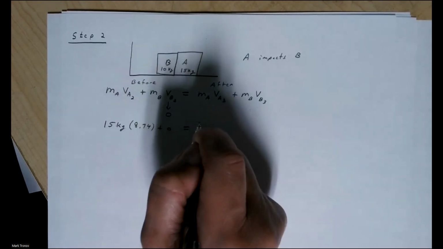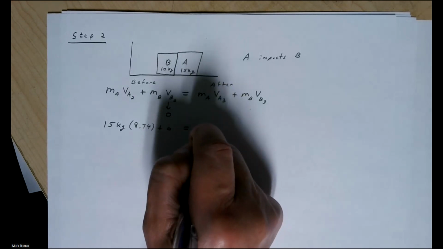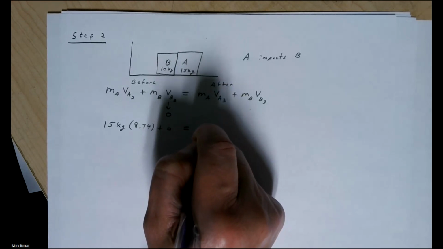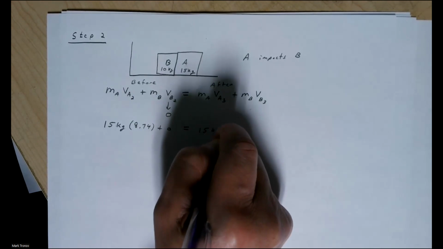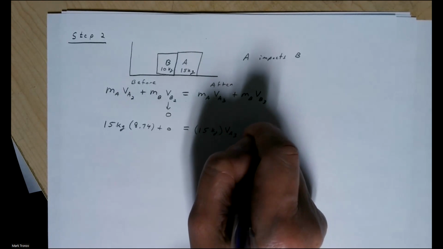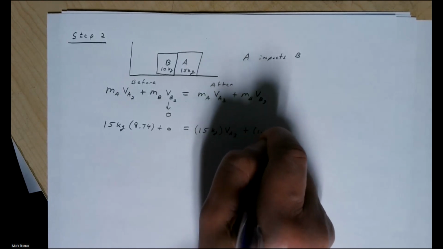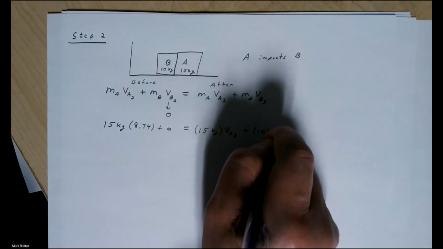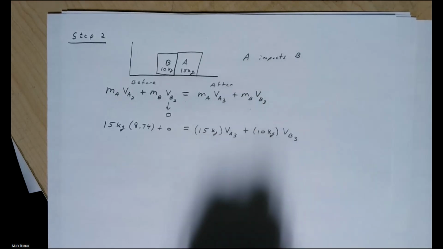Then just after, it was 15 kilograms VA3 plus the mass of B, 10 kilograms VB3.